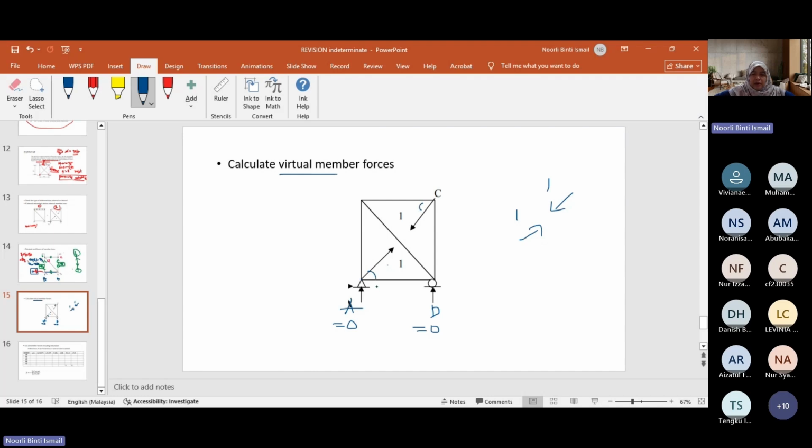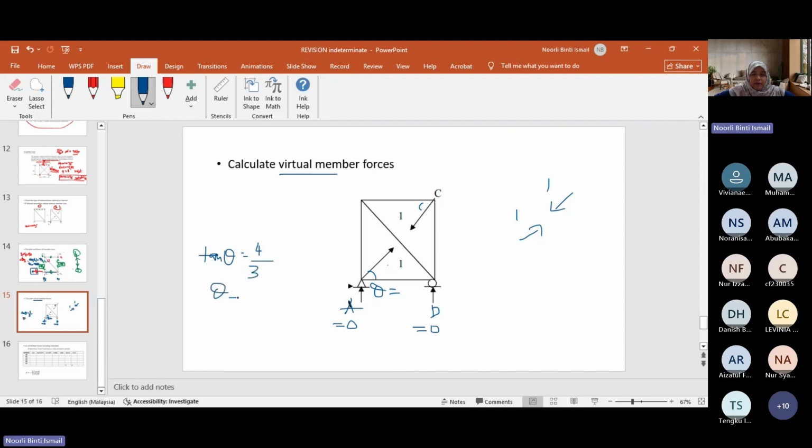What is the angles here? Theta. Macam mana nak cari theta tu? Tangent. Theta. So, here is 4, right? 4. And then this one is 3.